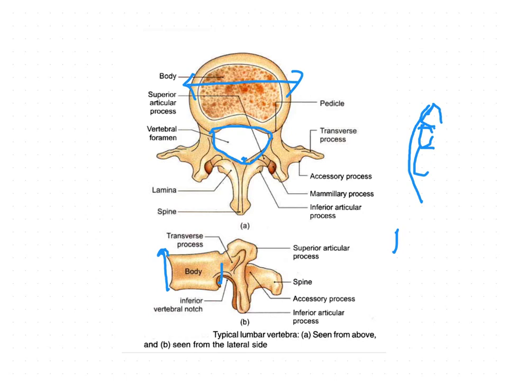Coming to the pedicles, here the pedicles are short and strong. They project backwards from the upper part of the body, so the inferior vertebral notches are much deeper than the superior. Because the pedicles are present on the upper part of the body only, this causes the increase in depth of the inferior vertebral notch.